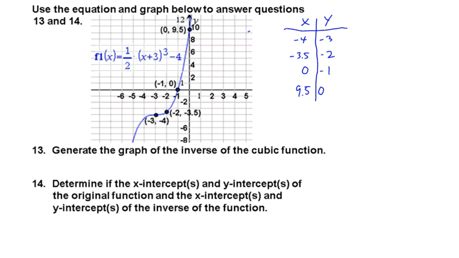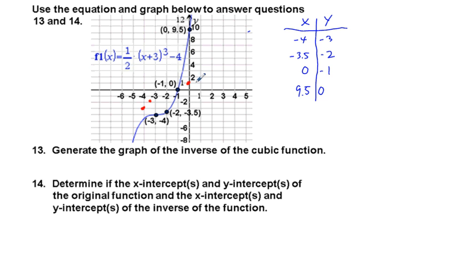So -4, -3, so go to -4, -4, and -1, 2, 3, that is. That'll be it right there. We're going to have -3.5, -2 will be right here. We will have 0, comma -1 will be right here, the y-intercept.